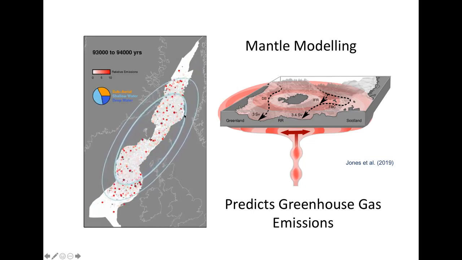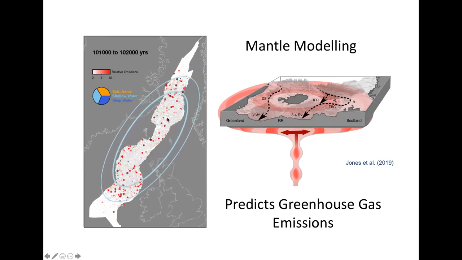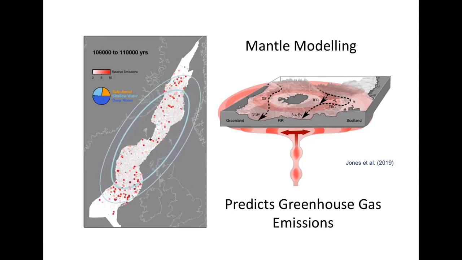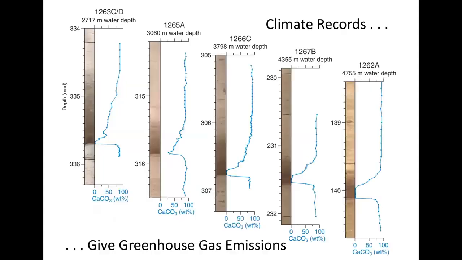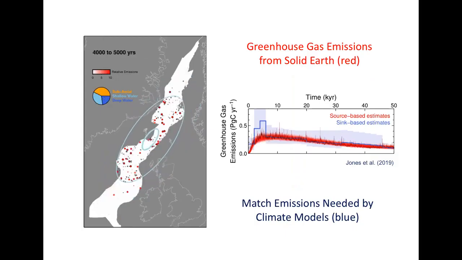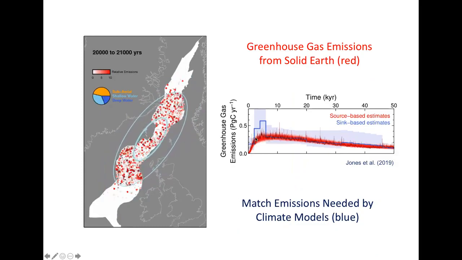But together, if they all intrude within a short enough time period of each other, the cumulative emissions are significant. Okay, and we can compare the cumulative emissions from models such as the one I just showed with completely separate estimates of greenhouse gas emissions from sediment cores, and that's what's shown here. So you've seen this diagram already.